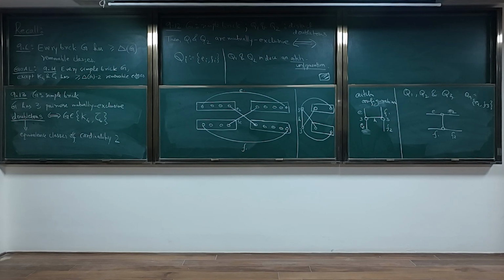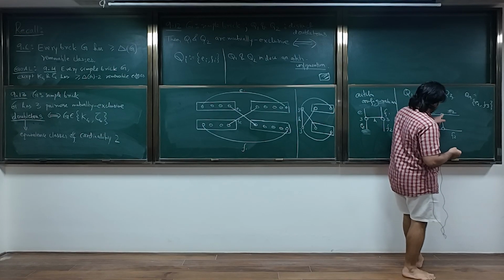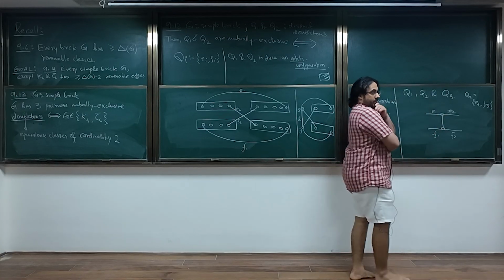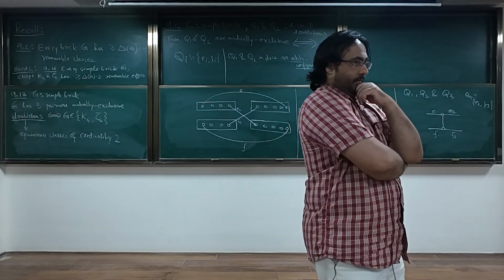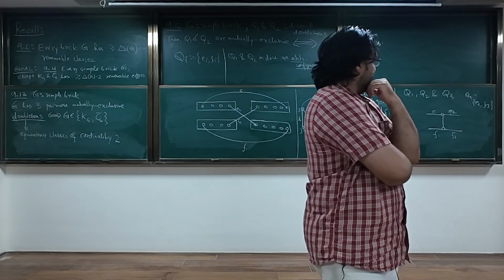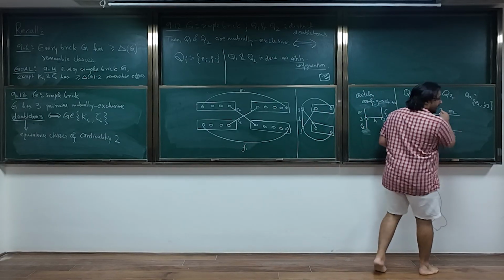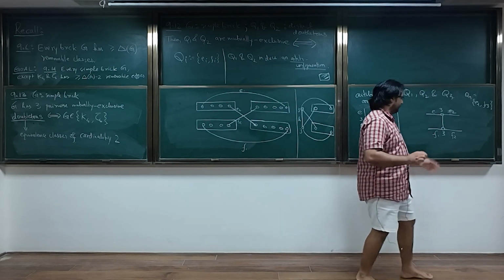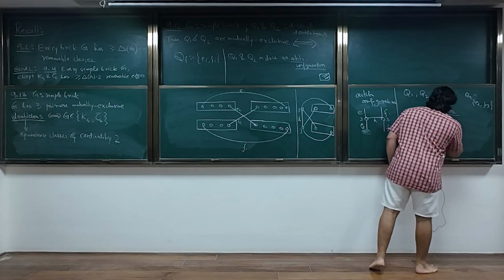So that means that this edge here is either E3 or F3. Is that right? Maybe not. No, the common end need not be this fellow, the common end could be this fellow as well. So those are two possibilities. Either this is E3 or F3.